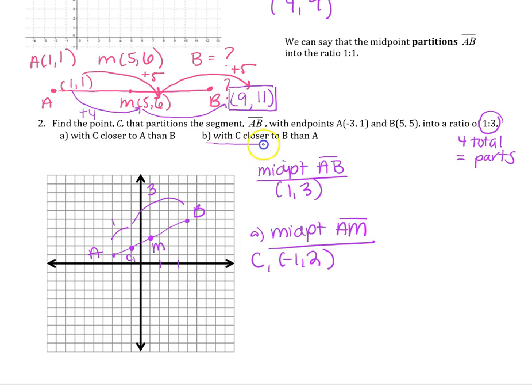At part B here, it says now I want C so that it's closer to B than it is to A. So technically now the ratio is backwards. It's going to be 3 equal parts to 1 part. So I would then find the midpoint of MB.